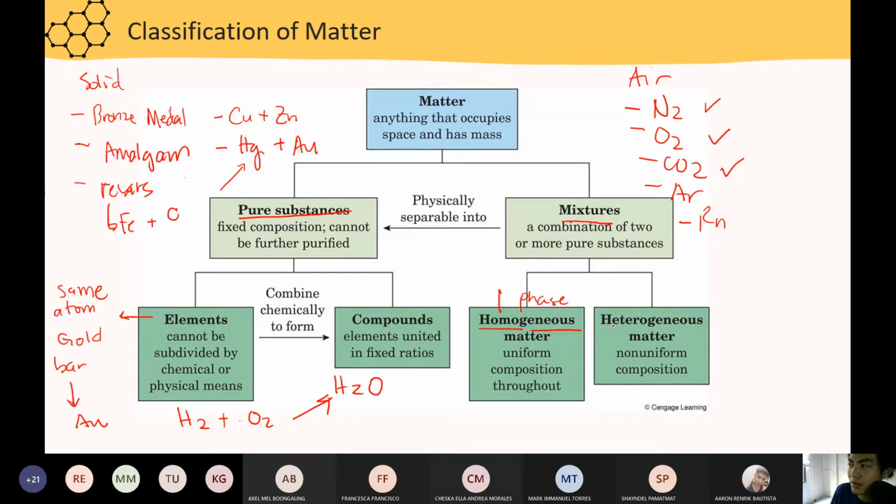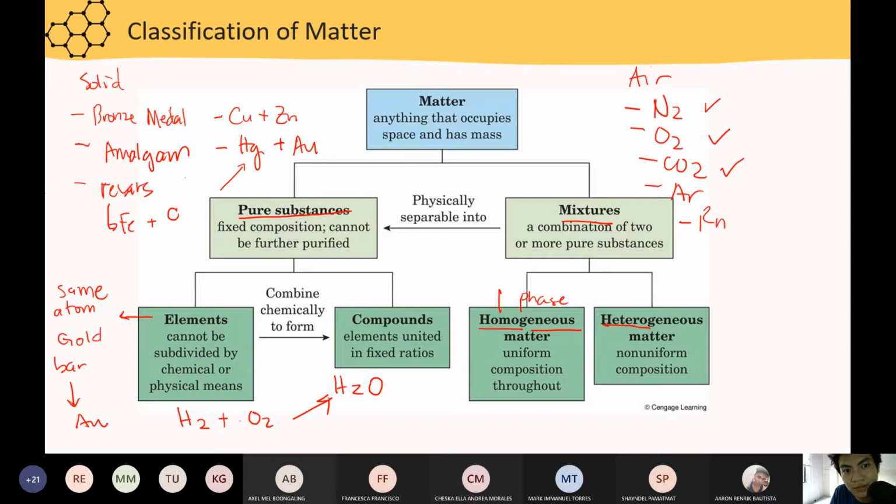If you start to see two distinct phases in your sample, then that is called a heterogeneous mixture. When I say hetero, more than one, multiple. Genus, meaning phase. So you see different phases. For example, water and soil, the mud.